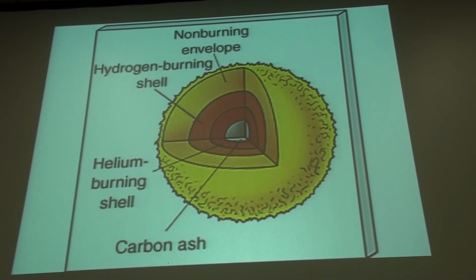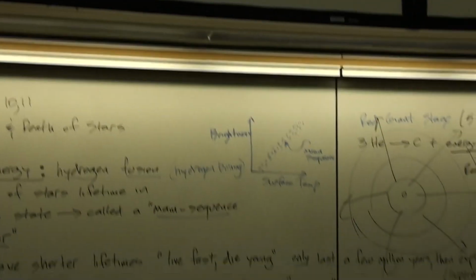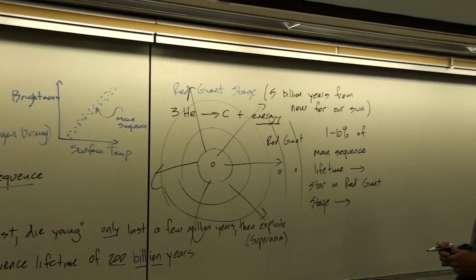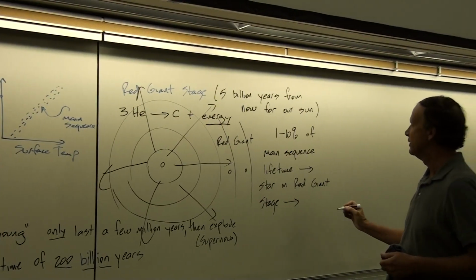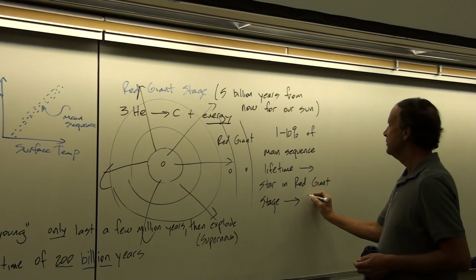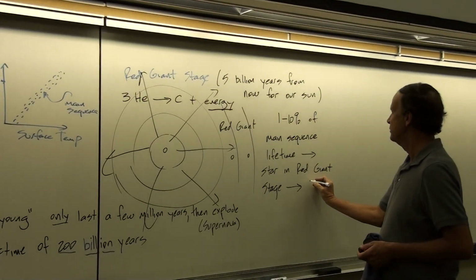And now it's hot enough farther out in the star for the hydrogen burning shell to ignite. That gives rise to basically a series of concentric shells that have the different reactions that have taken place in the star's lifetime up to that point. In the case of our own sun, then, 1% to 10% of the main sequence lifetime, that'll be something like 100 million to 1 billion years.